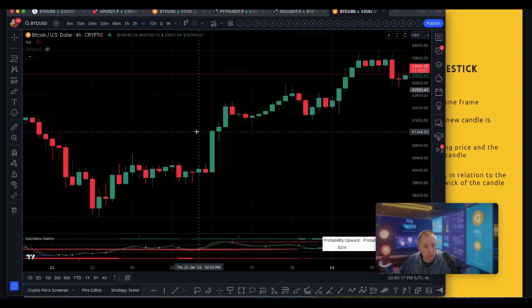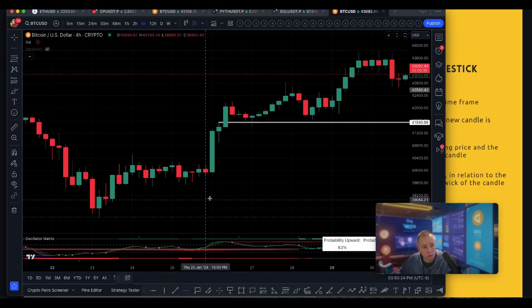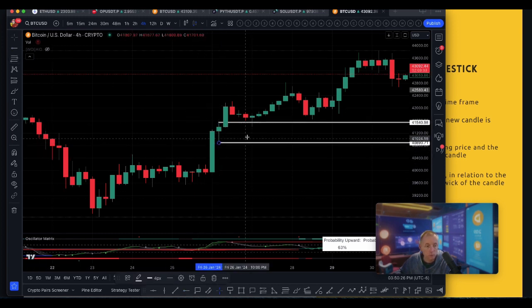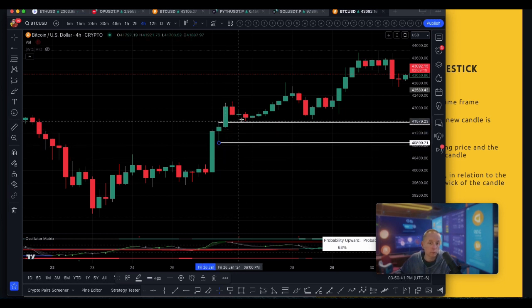For example, this candle right here on our chart, our wick went all the way up to here, and ends down here. So what happened is, during this 4-hour time frame that this candle represents, the highest price it reached was all the way up here at 41,540, and the lowest price it ever touched in that time period was all the way down here.